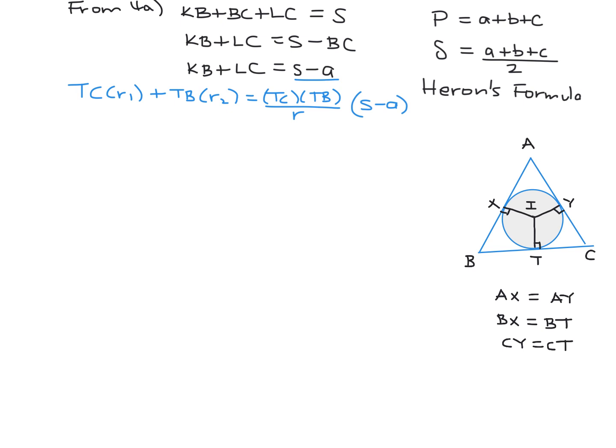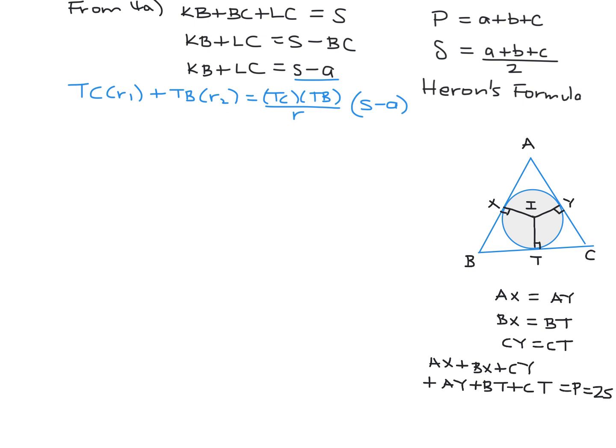Okay, so the total perimeter, if you add up all these guys, all of these numbers would be the perimeter. So AX plus BX plus CY plus AY plus BT plus CT. That would be all the perimeter. And the perimeter is P, and P is 2S, correct? 2 times the semi-perimeter.